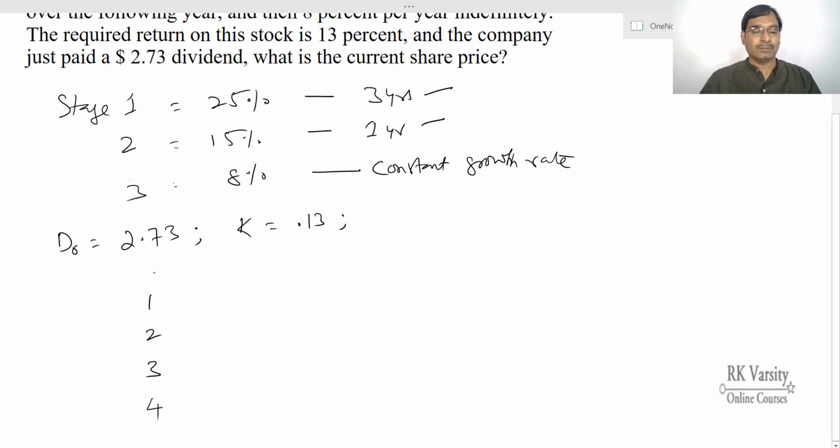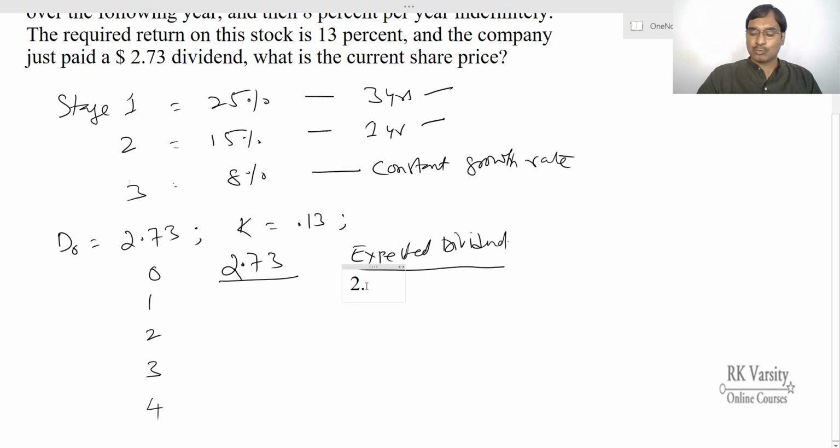So our D0, that is at time period 0, our dividend is 2.73. First we calculate the expected dividend. So for the first year your expected dividend is 2.73 times 1.25.